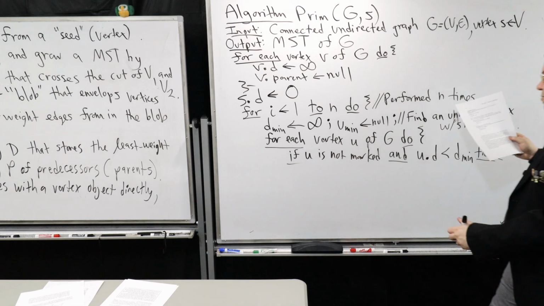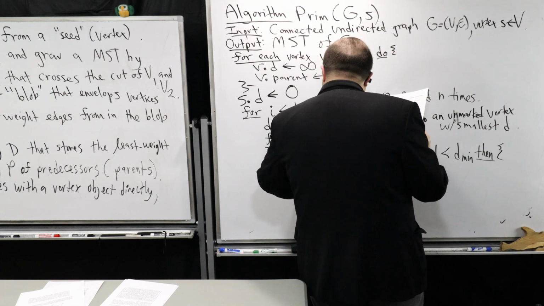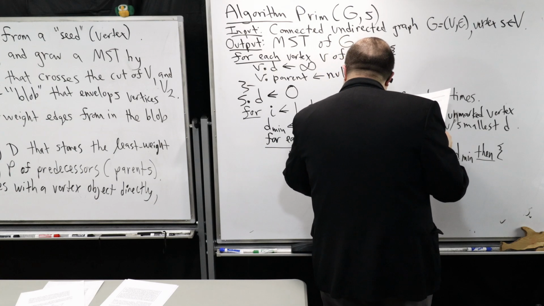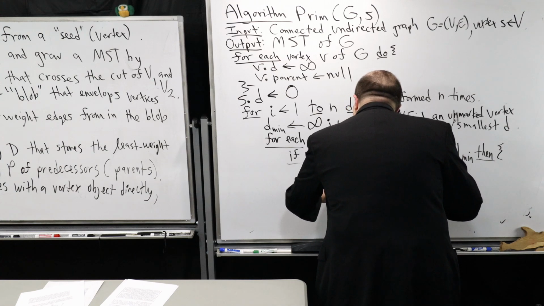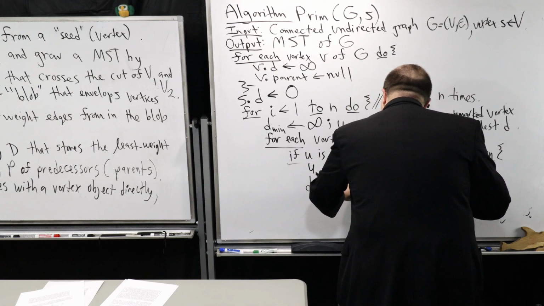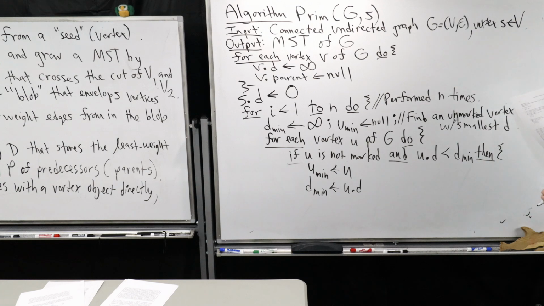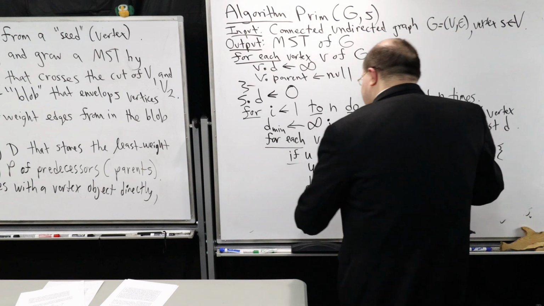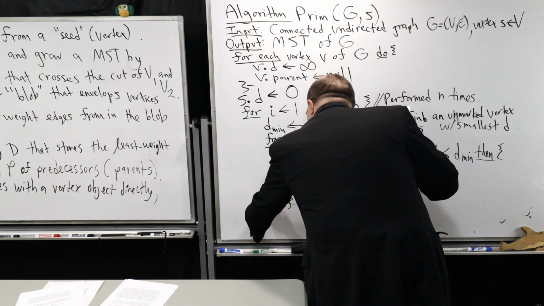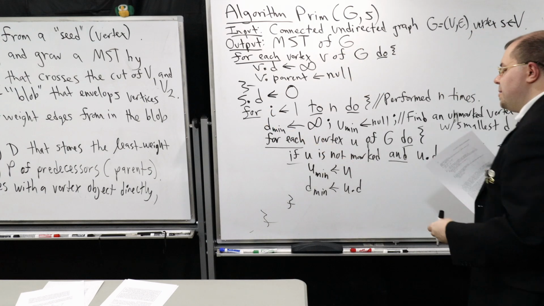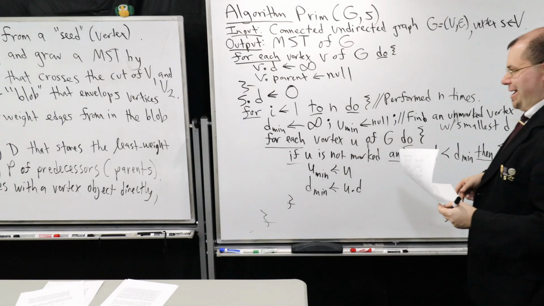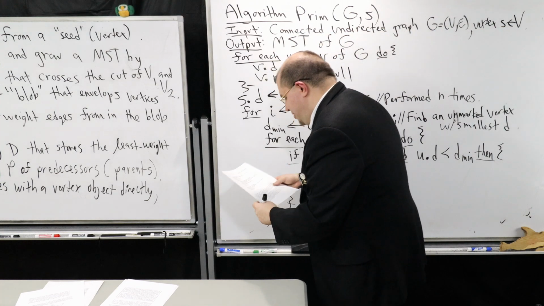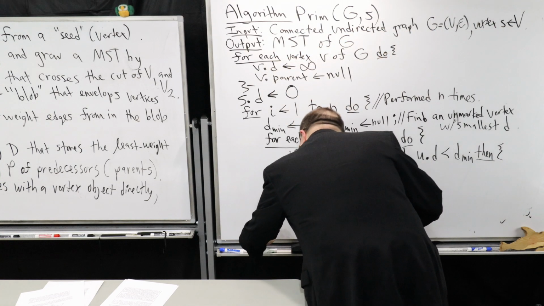Then we update U min and D min. U min is going to be assigned to be U because I found a better one. And D min is going to be assigned U dot D. That ends the innermost for loop. Now I'm going to have to give you another for loop, but before that, I'm going to make sure I mark umin.